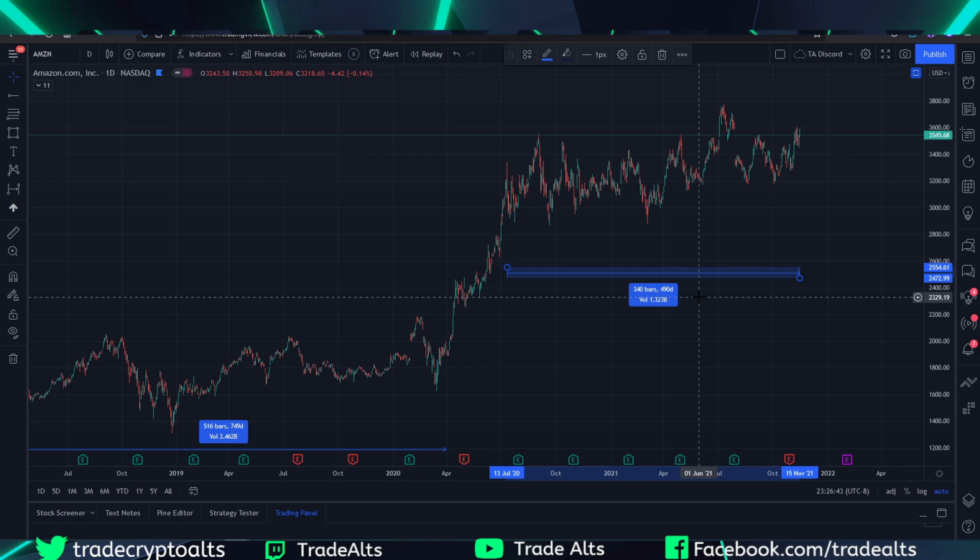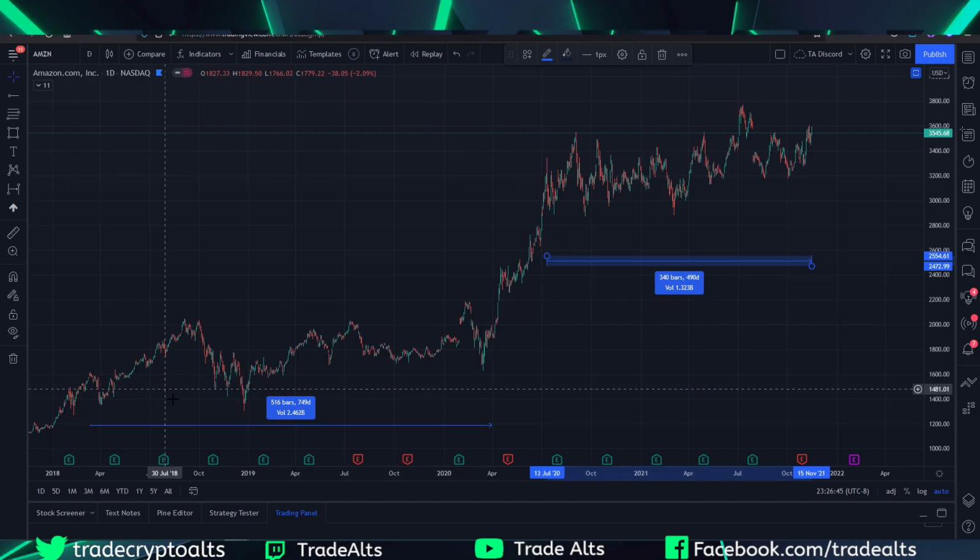So well over a year. So you have a multi-year range here. Price gets very impulsive, big move to the upside. If you remember, this is the coronavirus drop right here. And then a V-shaped recovery and massive new all-time highs. And again, we've been forming a range for 490 days.